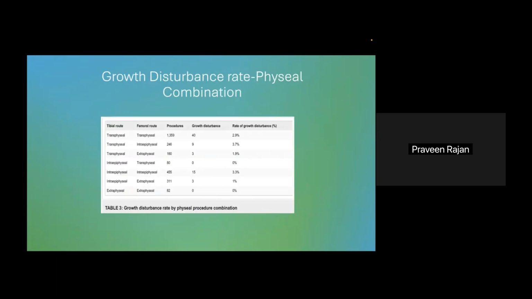When we look into the combination of tunnels used in tibia and femur, the combination of tibial transphyseal and femoral intraepiphyseal showed the highest rate of growth disturbances with 3.7%, followed by intraepiphyseal tibia and femur, which showed 3.3%.